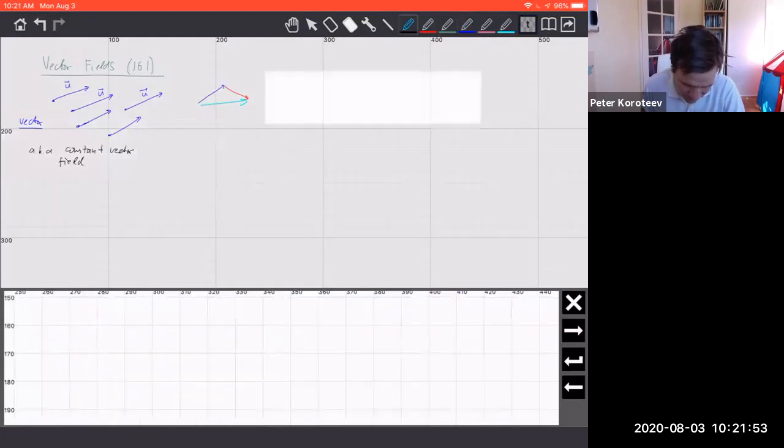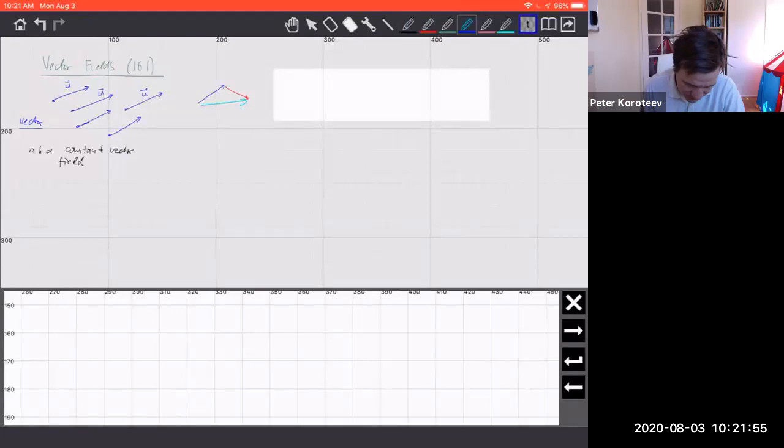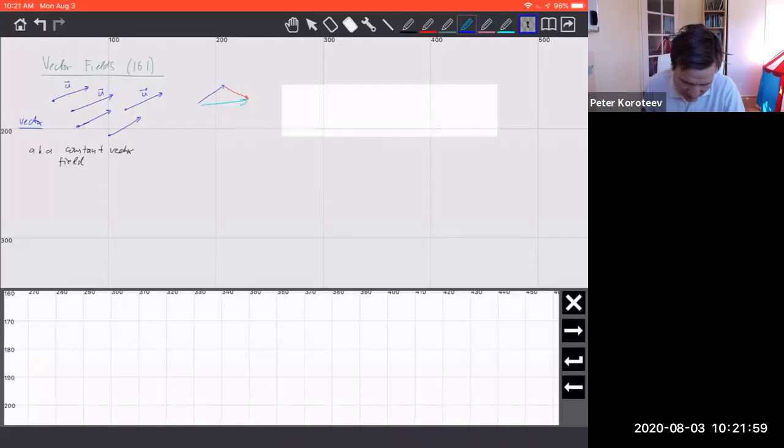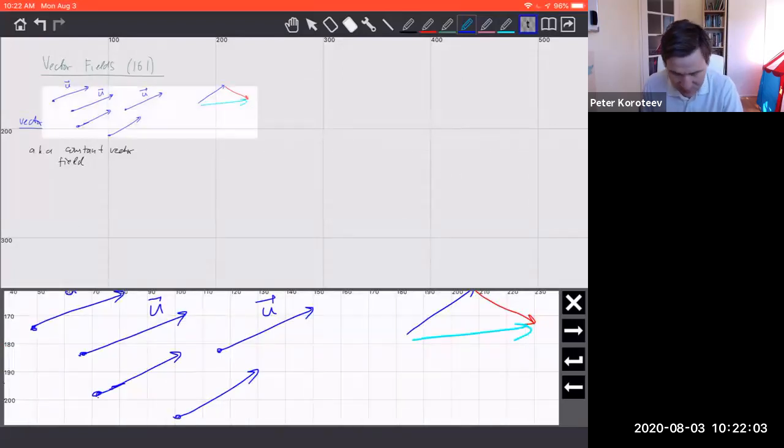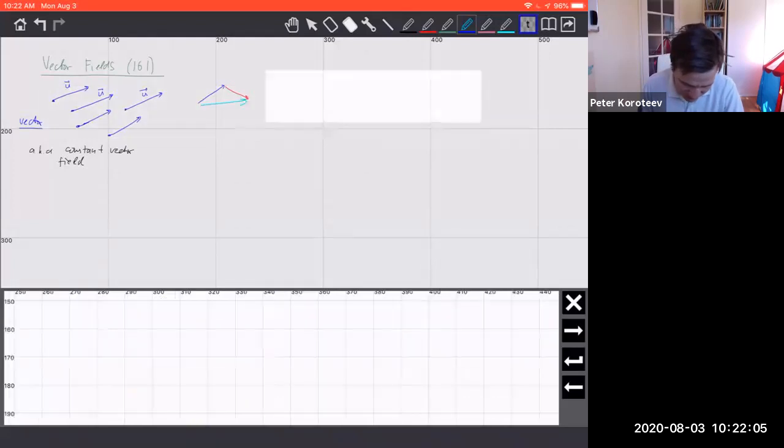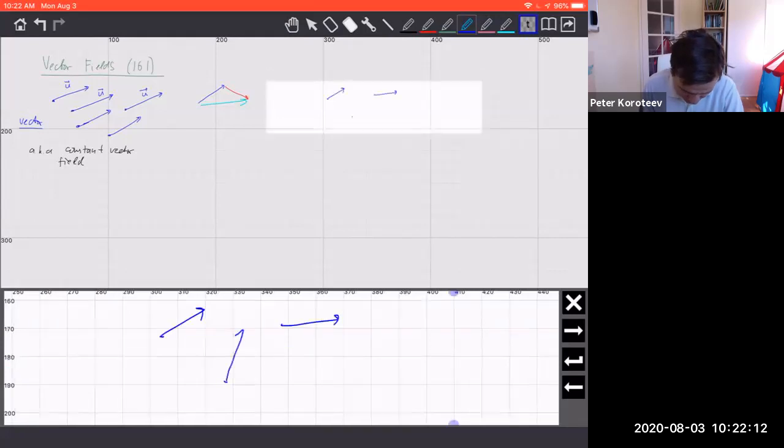And what is a vector field in general? Let me first explain it, and then I'll write the definition. In other words, how to make it non-constant? Well, you take every point in space and assign a vector to it. So every point x, y has a vector, say f, which depends on that point.